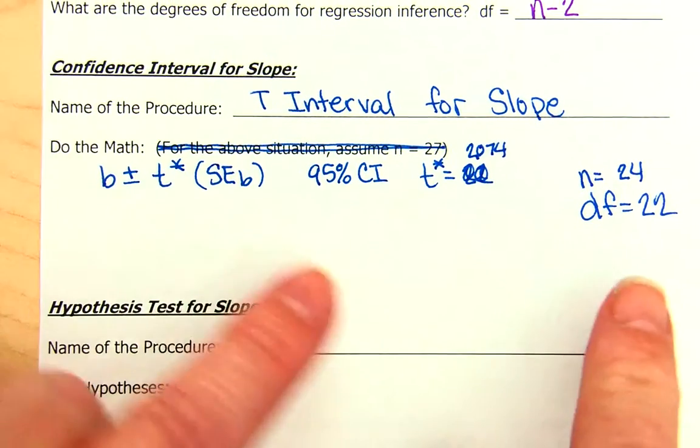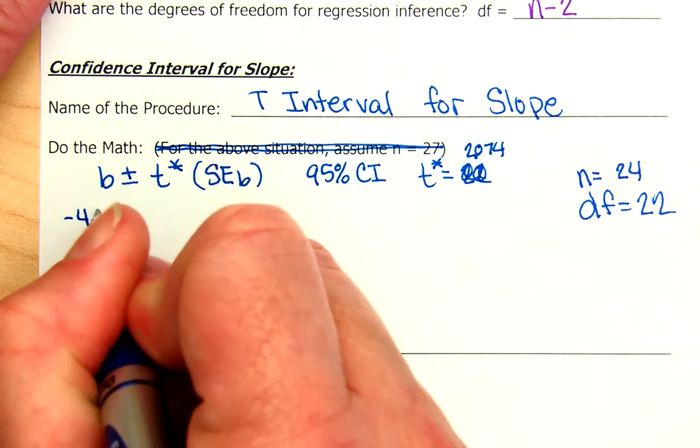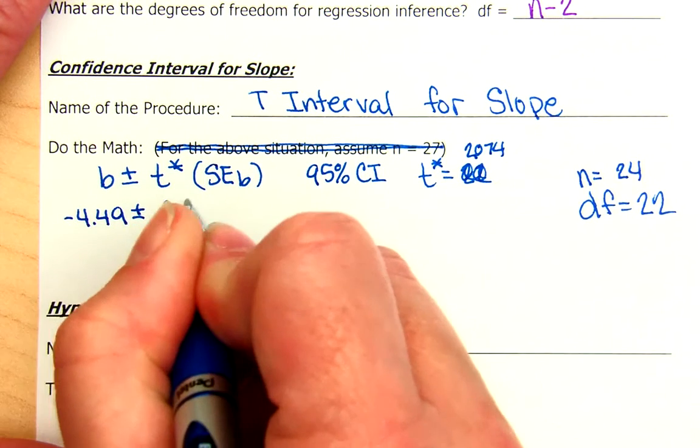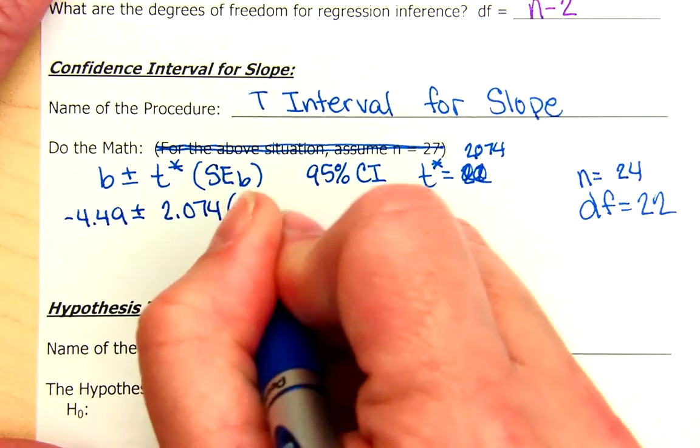So when I'm plugging in, I can just put these straight from the computer output up above, and then from the table, and then the standard error was the 1.55.